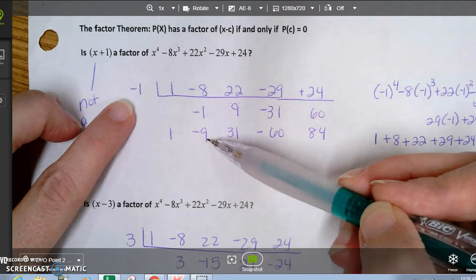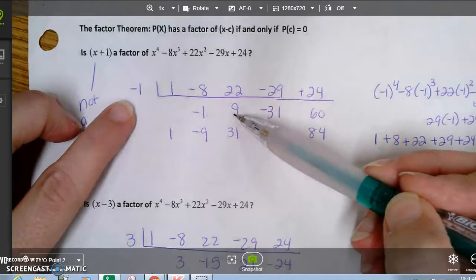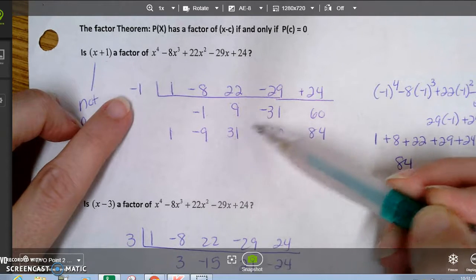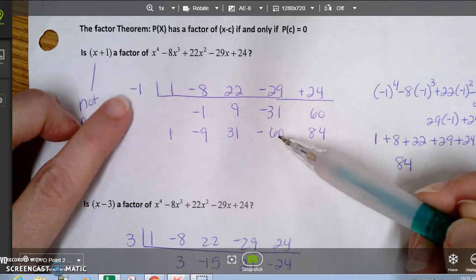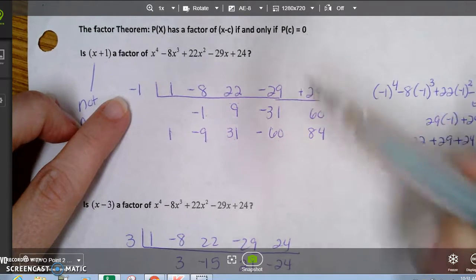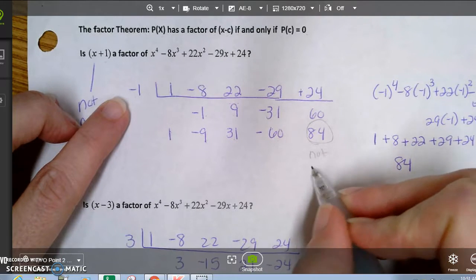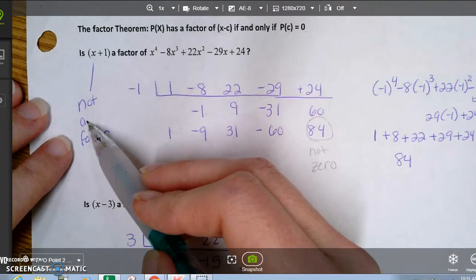Add these two, get negative 9. Negative 9 times negative 1 is 9. Add these two, multiply these two numbers, get negative 31. Add these two, multiply these two numbers, get 60. Add these two. This is my remainder. It's not 0, so therefore, x plus 1 is not a factor.